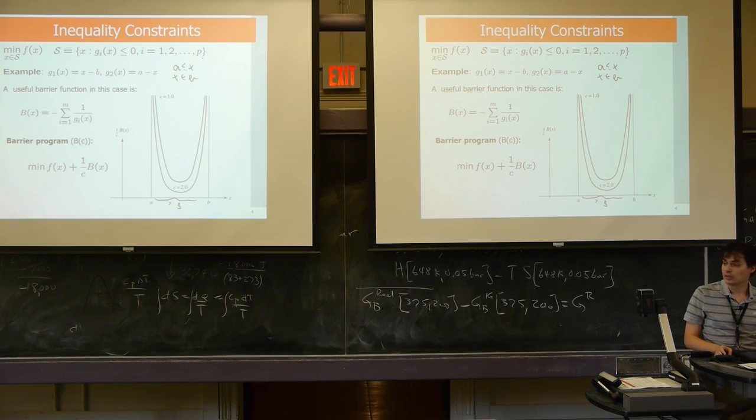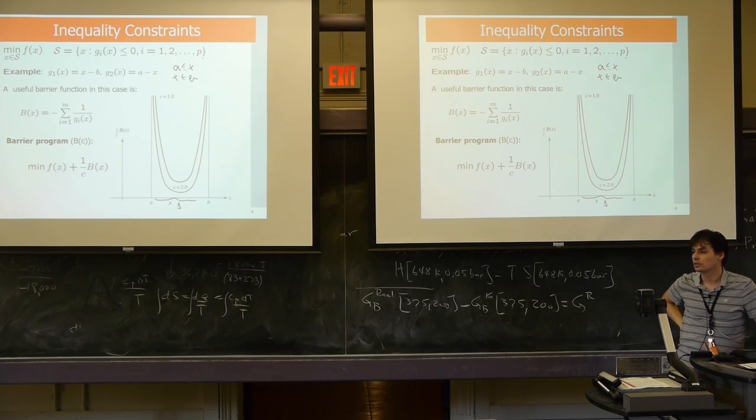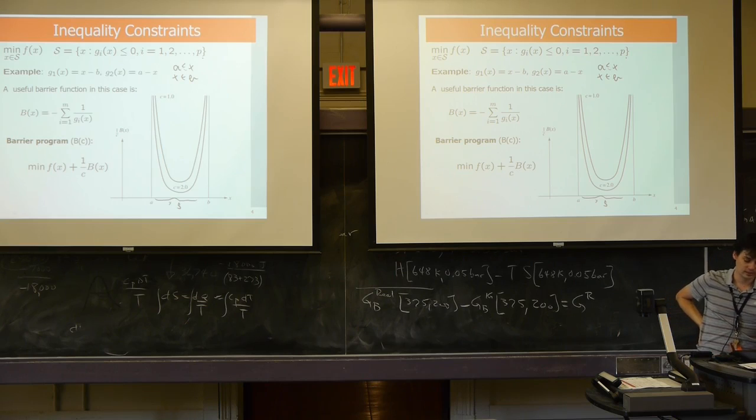We start with a small c, which hopefully makes this barrier program easy to solve, and then we increase c. If c would be infinity, then this problem would be equivalent with the original program. That's difficult to solve, right? But the idea is the same as with the penalty methods.